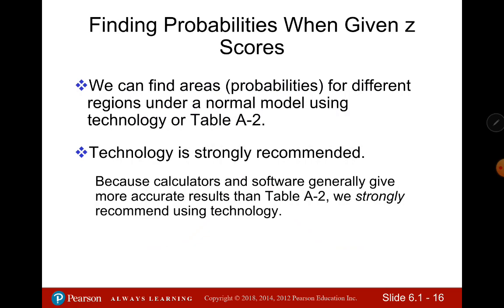We can find the probability or the area. They are just the same thing. We use the table or technology, of course. If you have an advanced calculator, it's still possible to get the area.